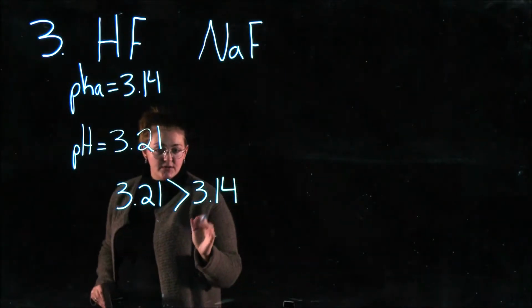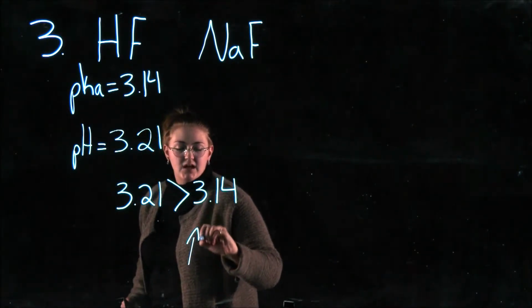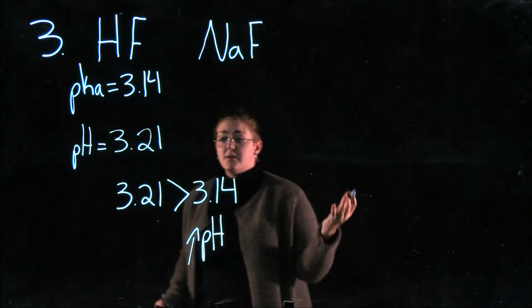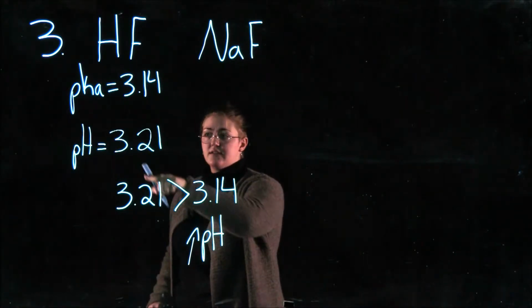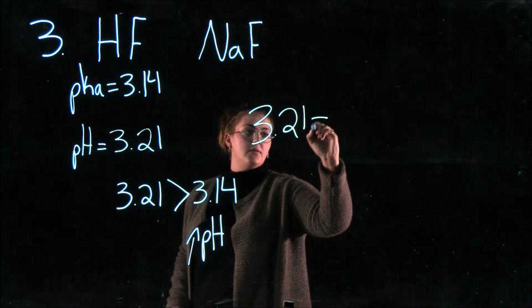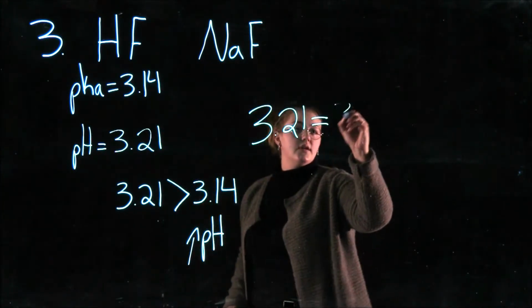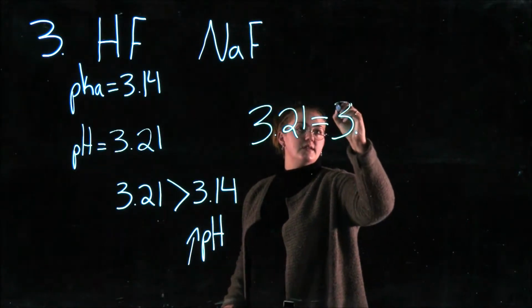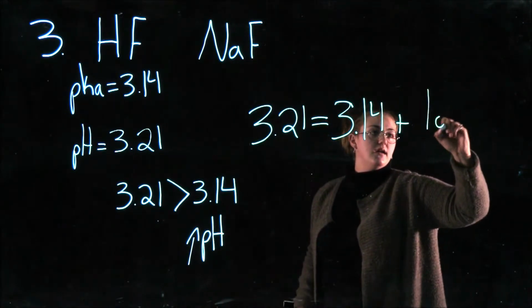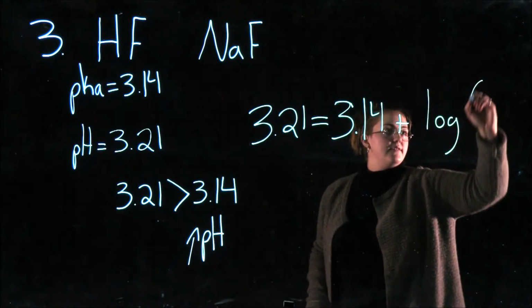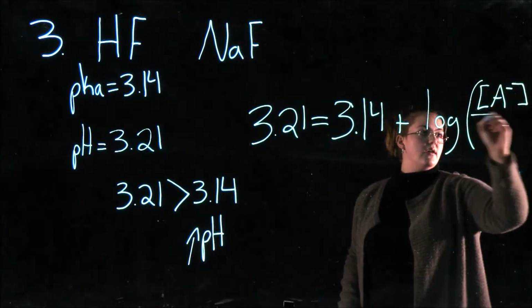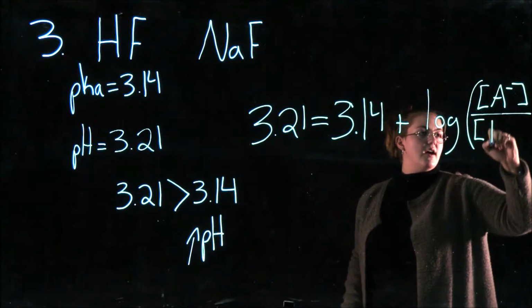Going back to question 2, remember what a higher pH stands for, right? So then we go back to our Henderson-Hasselbalch equation. pH 3.21 equals pKa 3.14 plus log of our concentration of our conjugate base over our concentration of our acid.